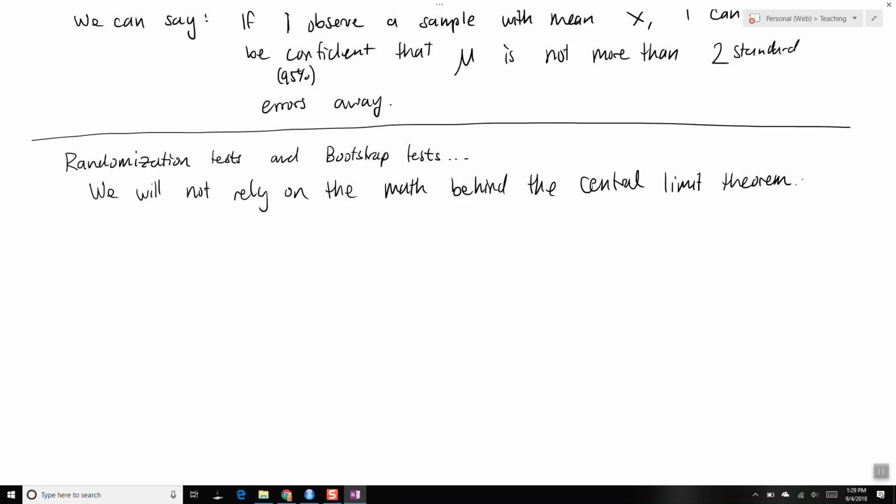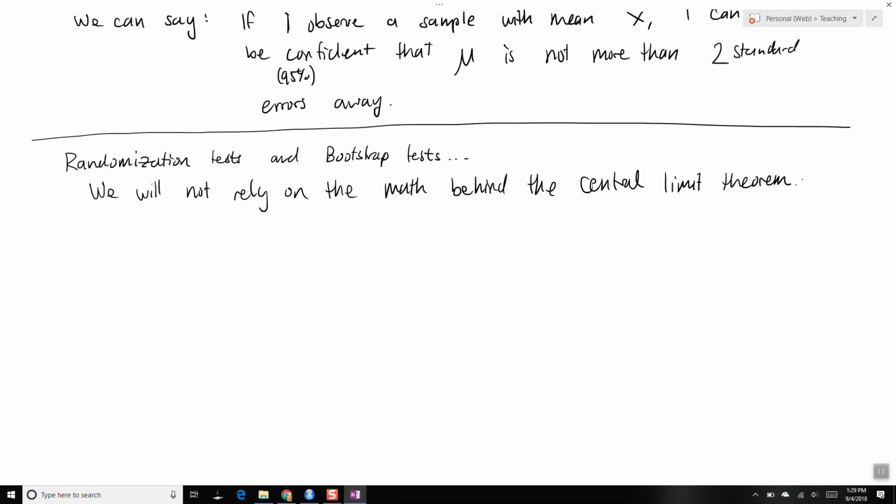But if the population is not unimodal and symmetric, or if we're unsure about its shape, we need to make sure our sample is big enough. The rule of thumb was 30 or more. But in extreme cases, samples of 30 still aren't big enough if you have very skewed distributions.